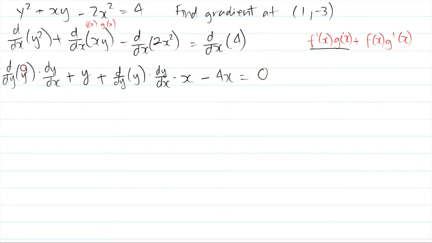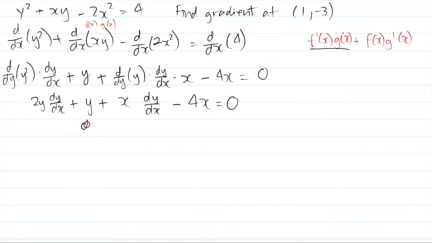Okay, let's start deriving. d/dy of y squared, we can do that: 2y times dy/dx, plus y by itself, plus x times, my bad, that's not x times y actually. d/dy of y is just 1, and of course 1 times dy/dx is dy/dx, multiplied by x. So we have x times dy/dx, then minus 4x equals 0.